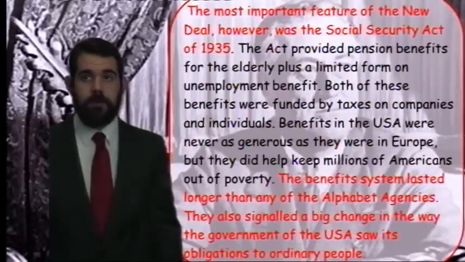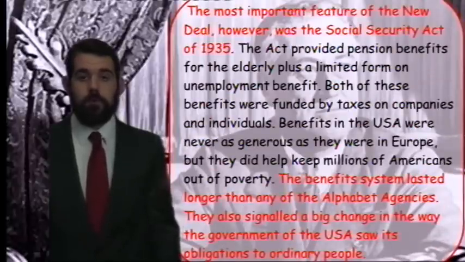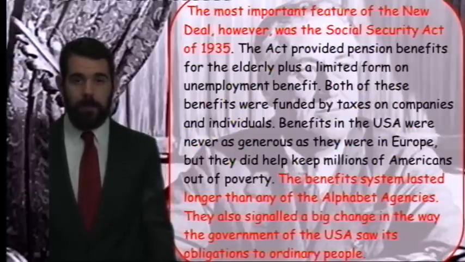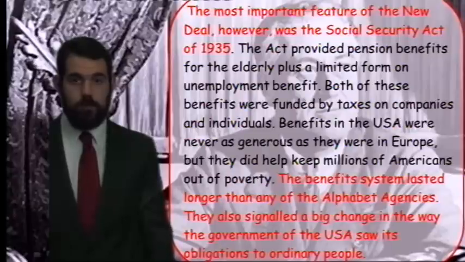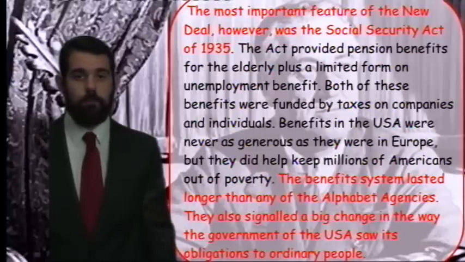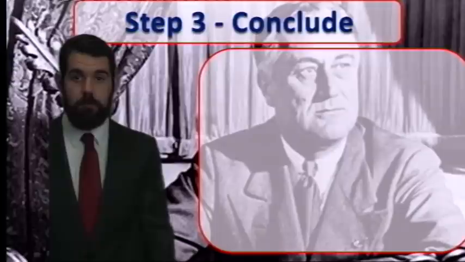Then, my third factor, saying the most important. So I've put that top of the pile. I now have a very clearly explained 1, 2, 3 in order of importance, and my criteria remains that because the benefit system lasted longer than the others, there was a big change in the way the USA was run and what the government did. That's clear justification for why this is the most important.